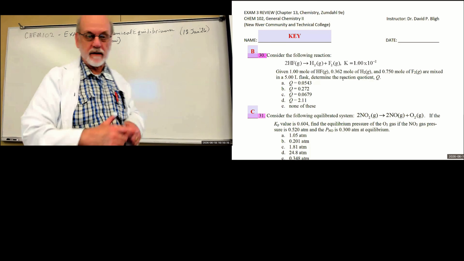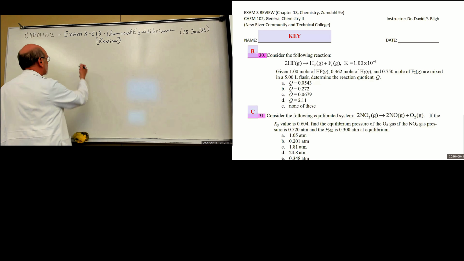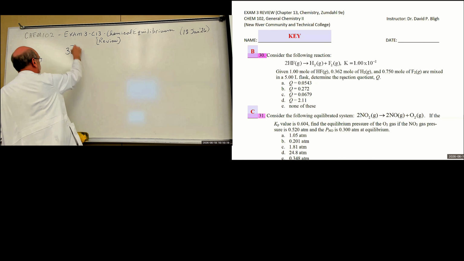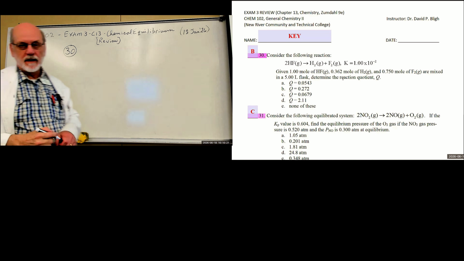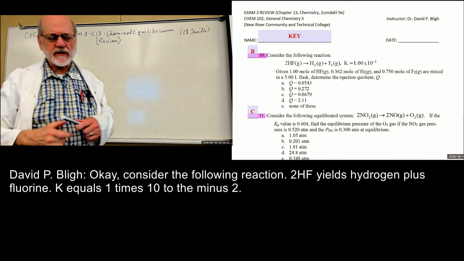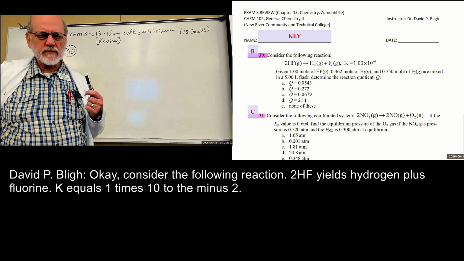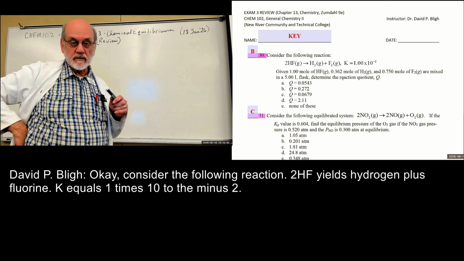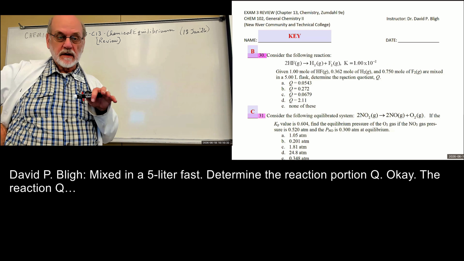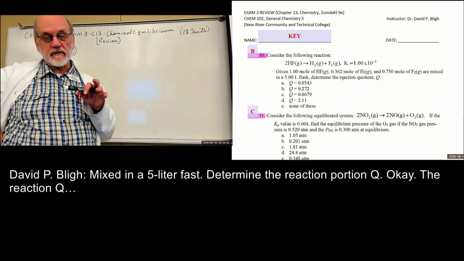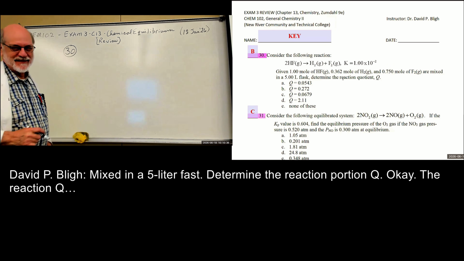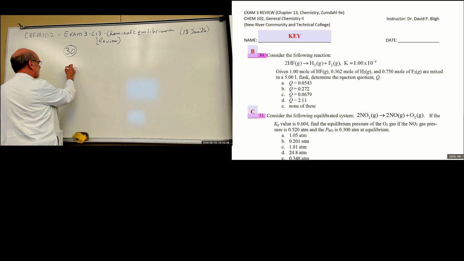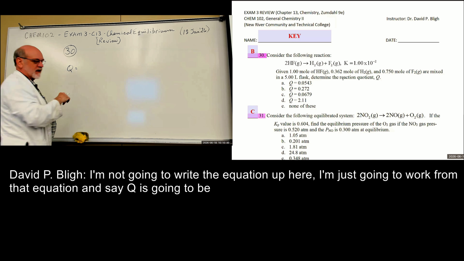Okay. Number 30. Consider the following reaction: 2HF yields hydrogen plus fluorine. K equals 1 times 10 to the minus 2. 1 mole of HF, 0.362 moles of H2 and 0.75 moles of F2 are mixed in a 5 liter flask. Determine the reaction quotient Q. I'm not going to write the equation up here.